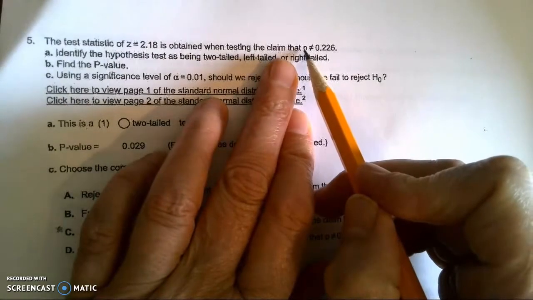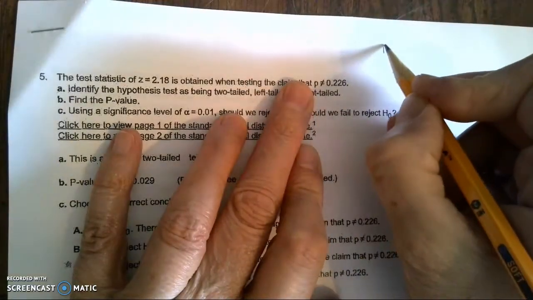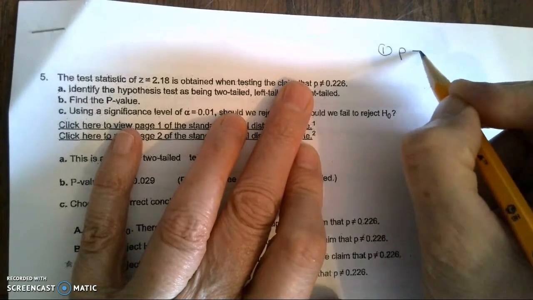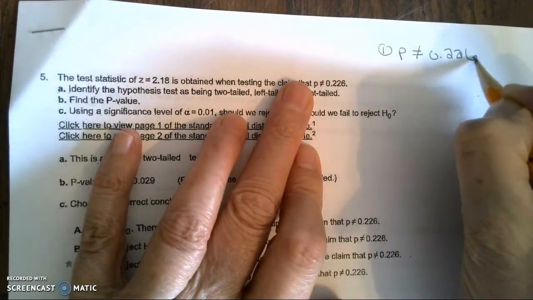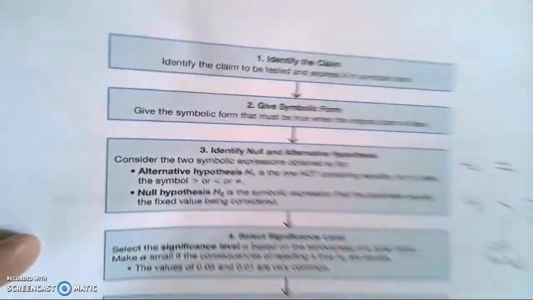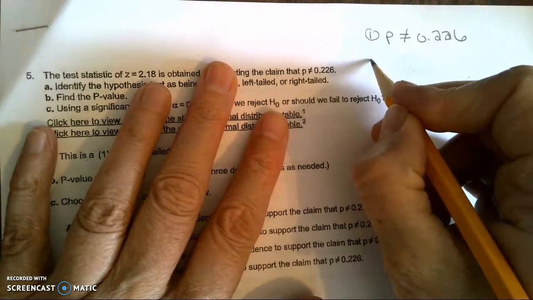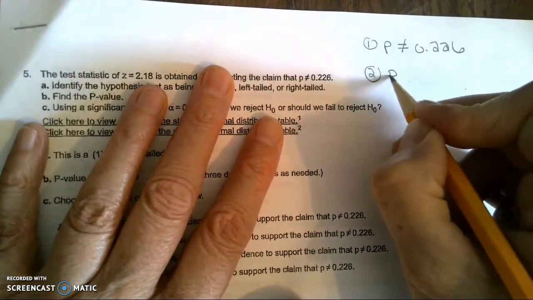So the first thing is we want to identify the claim. That's step 1, and put that in symbolic form. That's already given to us in symbolic form. So again, I'm just following these first 3 steps here. Step 2 is you write down what must be true if that's false. So the opposite of not equal to is equal to.